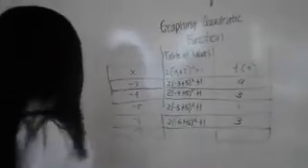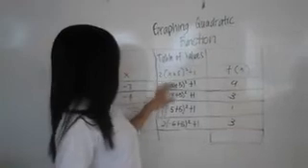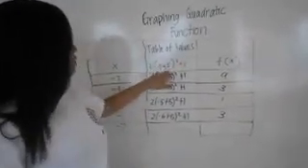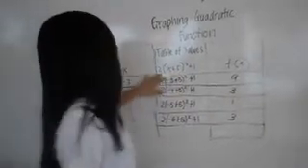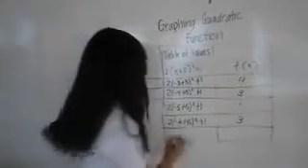If x is negative 7, substitute it for x, then it will become negative 7 plus 5 equals negative 2. Multiplied by itself equals 4, times 2 equals 8, plus 1 equals 9.